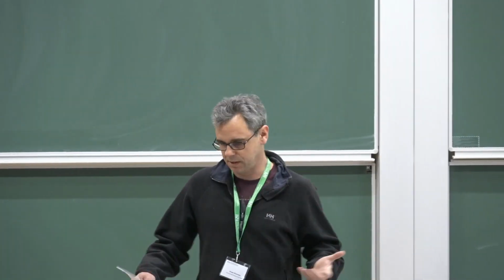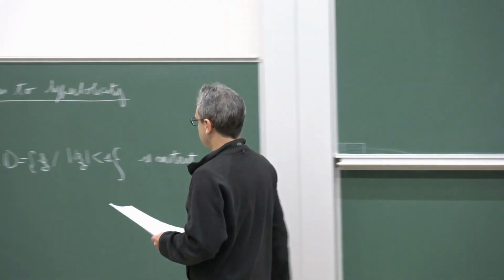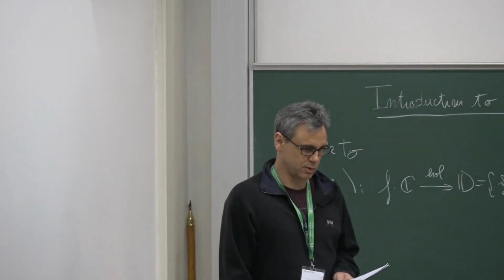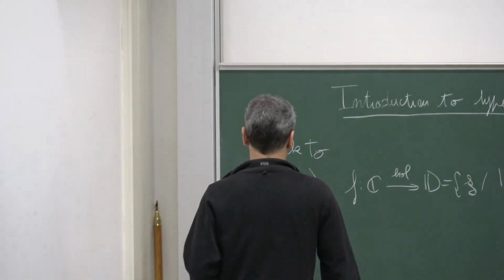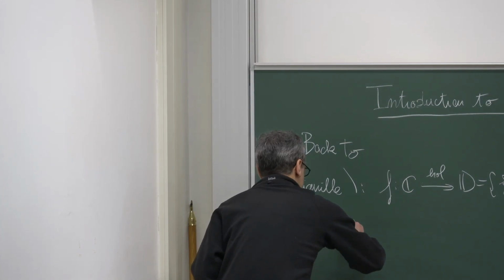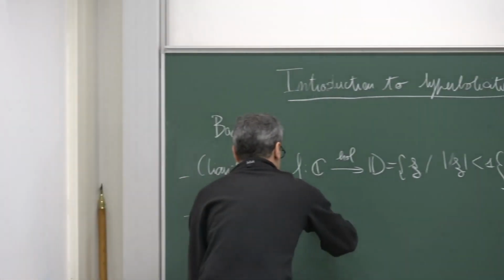In fact, it's kind of the key object in the theory. So now if we start to move to compact varieties, you start in dimension 1, considering X a compact Riemann surface.